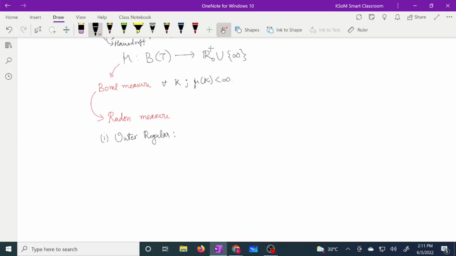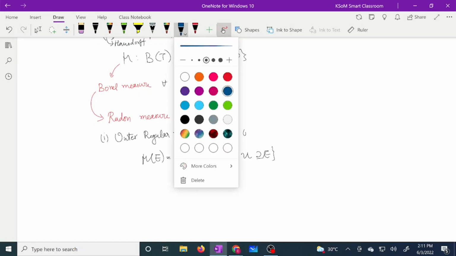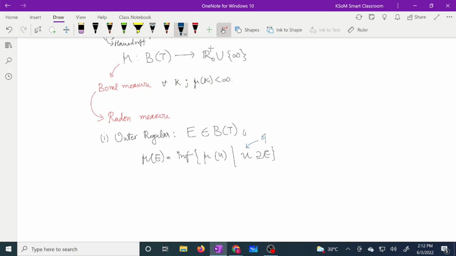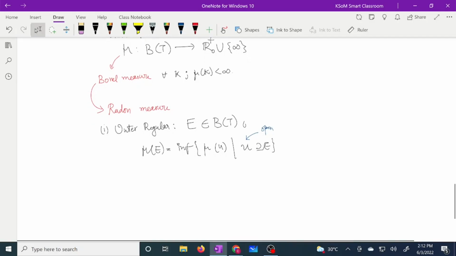For every E in the Borel sigma algebra, mu of E is equal to the infimum over mu of U, where U is an open set as always and U contains E. This is the first condition, called outer regularity.